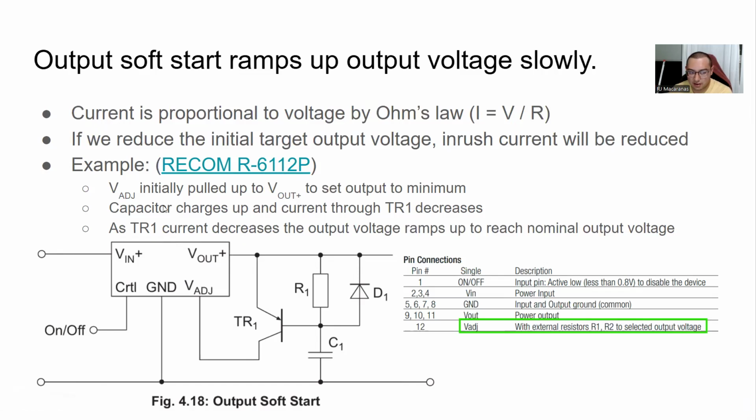The basic idea is that this adjustable pin here, VADJ, is initially pulled up to Vout via this transistor here. Then over time, the transistor stops conducting, and so we effectively see an output voltage of that nominal output that is specified in this data sheet here.